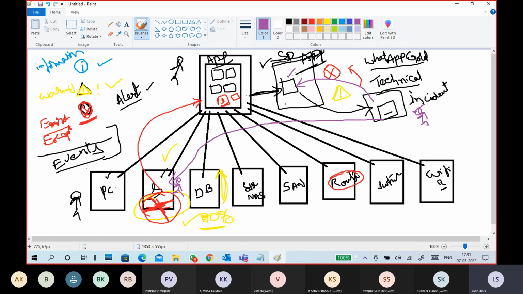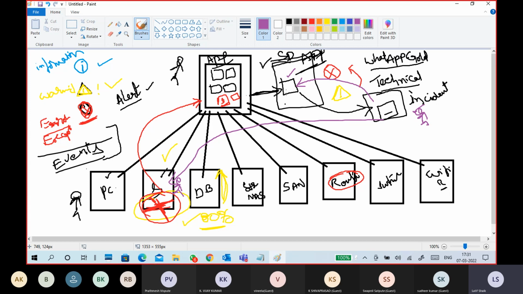Service desk people look into it and try to understand, or send a particular team. Either you fix it from your side, or you send a person to fix the issue. Once the issue is fixed, the technical people or technical management inform the service desk that the issue is solved.